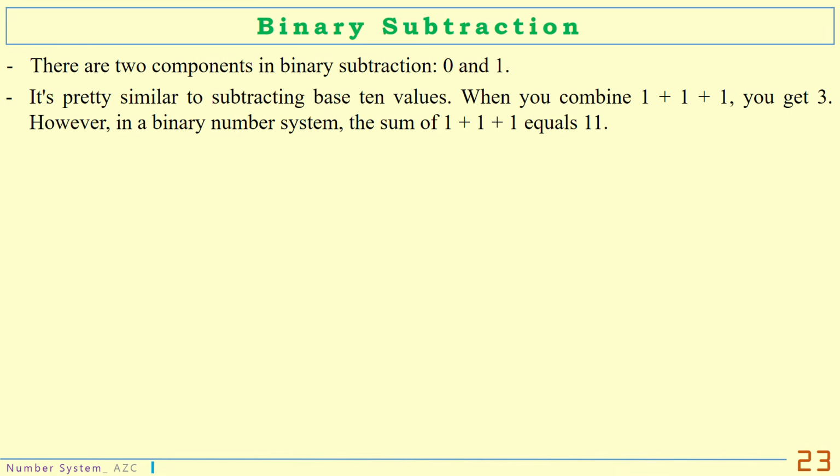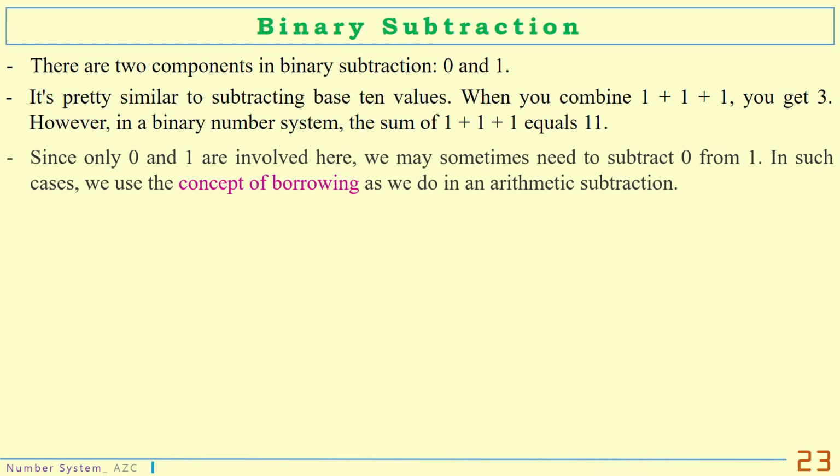Binary subtraction. There are two components in binary subtraction, 0 and 1. It's pretty similar to subtracting base 10 values. When you combine 1 plus 1 plus 1, you get 3. However, in a binary number system, the sum of 1 plus 1 equals 10.